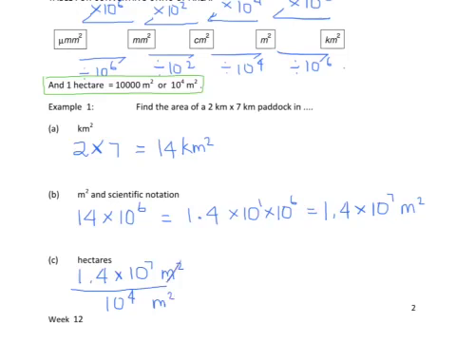Well, you can think of those two as cancelling out, so we've got 1.4 multiplied by 10 to the power 7 minus 4. You bring up the 10 to the power 4, which is in the denominator, into the numerator. It changes sign. So we've got 1.4 multiplied by 10 to the power 3, and that is now in hectares.